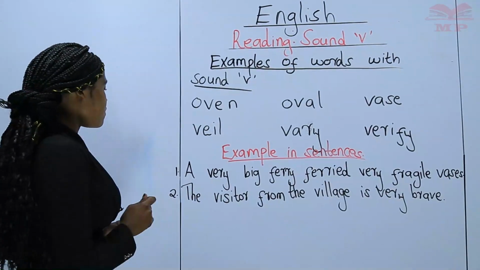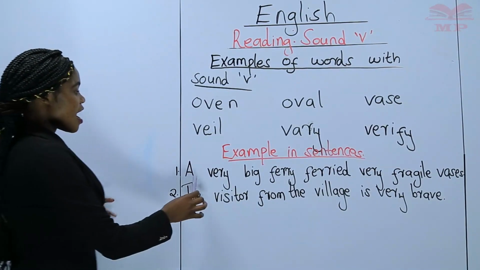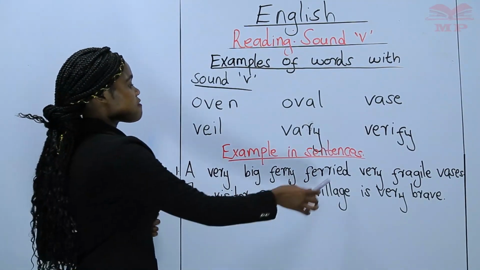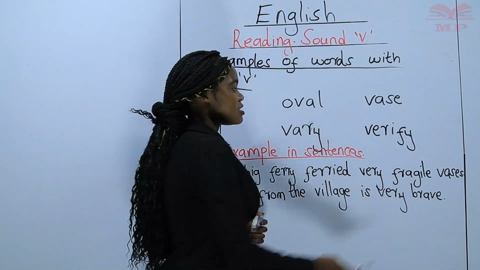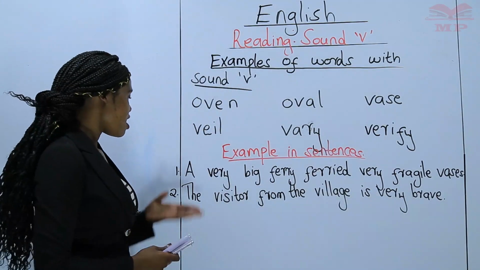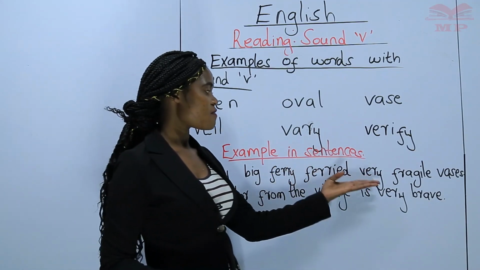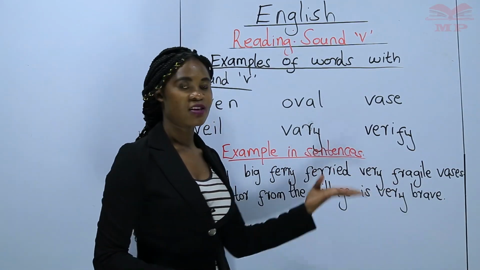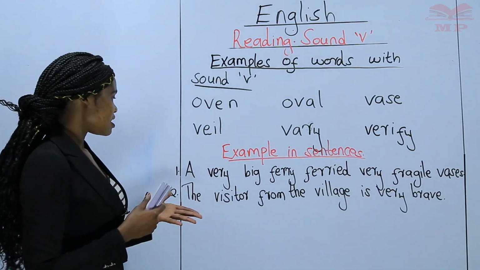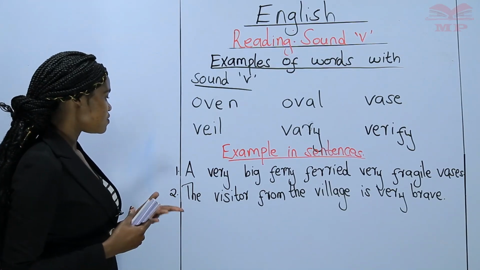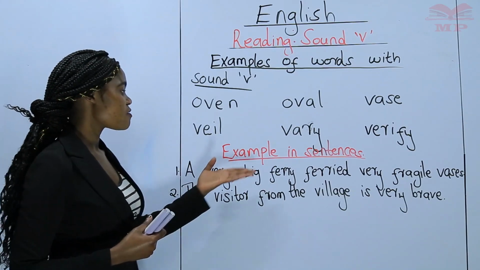Let's start with the very first sentence. A very big ferry ferried very fragile vases. So let's read the sentence together. You repeat after me.